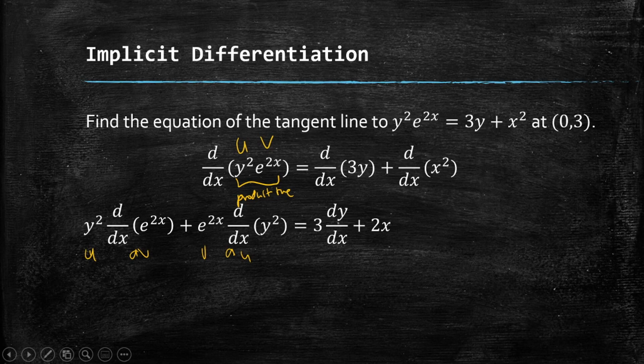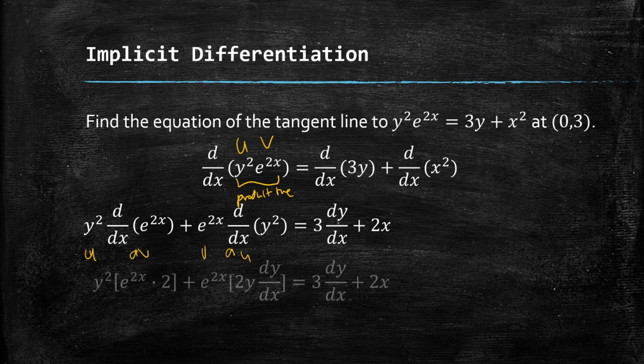So our focus is already on the left side of the equation. We'll get the derivative of e to the power of 2x, which is e to the power of 2x times 2. Then the derivative of y squared is 2y. Then of course the variables are not the same, so we'll have dy/dx again. And then we continue.